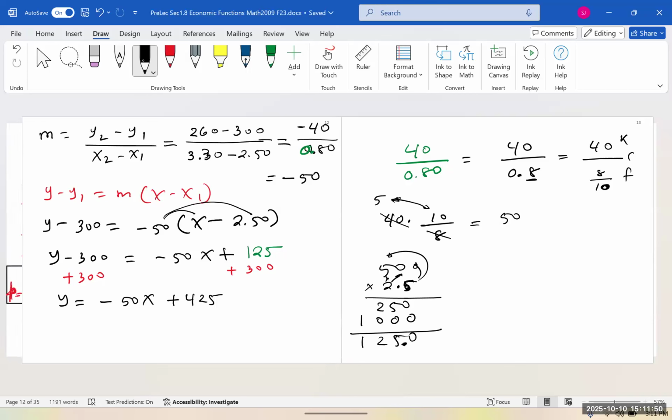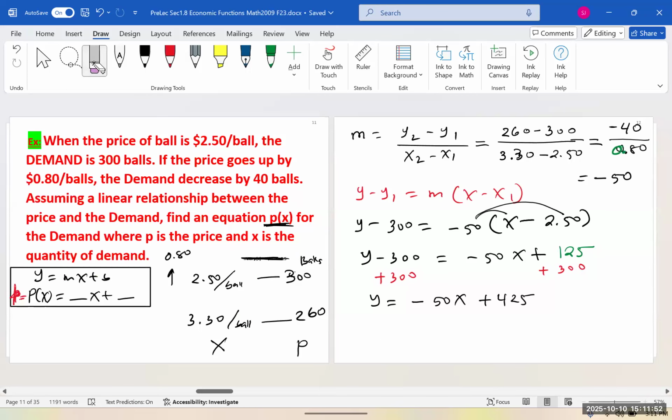I feel like something is wrong. Yeah, it's totally wrong. What did I do wrong? When the price of the ball is $2.50 per ball, the demand is 300 balls. Okay. If the price goes up by 80 cents, so 50, 60, 70, 80.